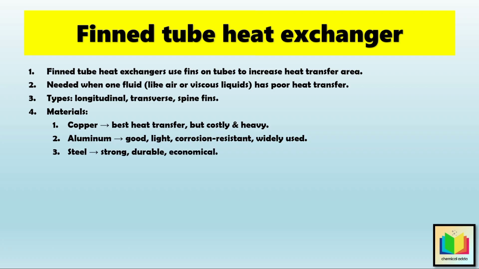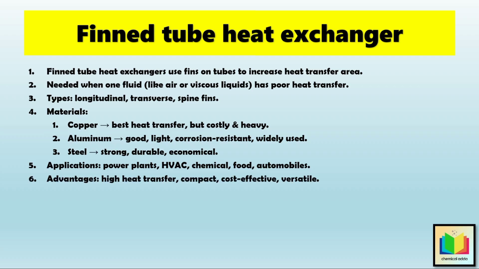Then we see that these exchangers find wide use in power plants, HVAC, chemical industries, food processing, and automobiles. Then we learned, very important point about fin tube heat exchanger is, fins make heat exchangers more efficient, compact, and cost effective, though they do come with some challenges like fouling, maintenance, and higher initial cost.